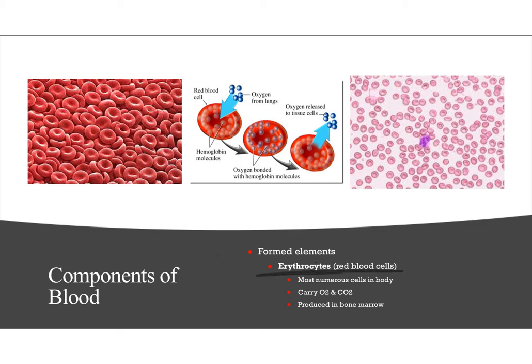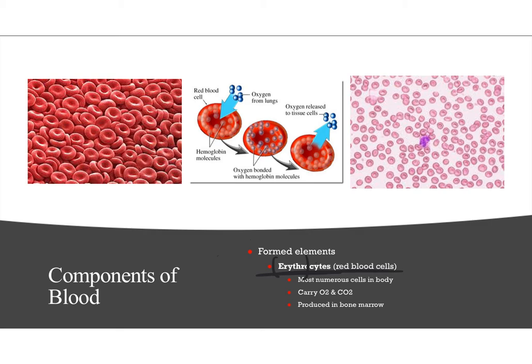So erythrocyte, that is a red blood cell. And erythro, this part of the word here, refers to red, and cyte means cell. So, red blood cell.